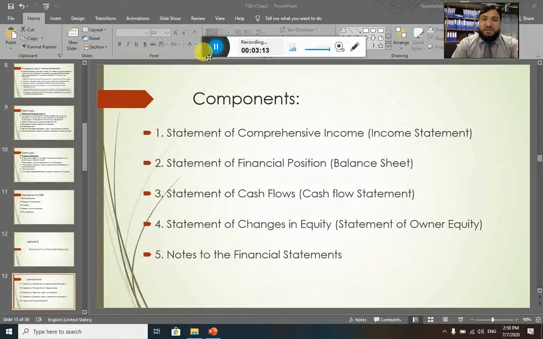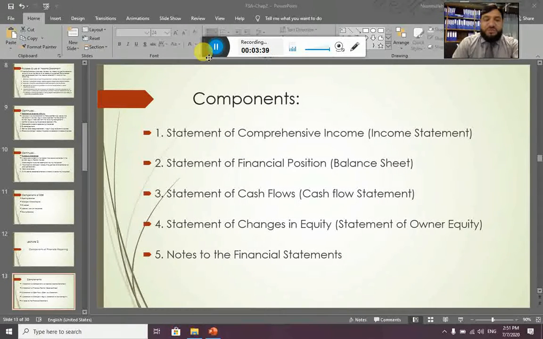Basically, the statement of comprehensive income has 2 main components. The first one is revenues, and the second one is expenses. Revenue has 2 portions. The first portion is income from main operations, and then additional or other incomes.